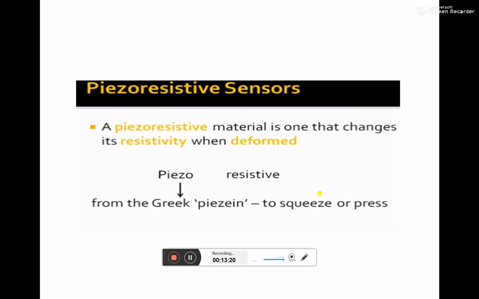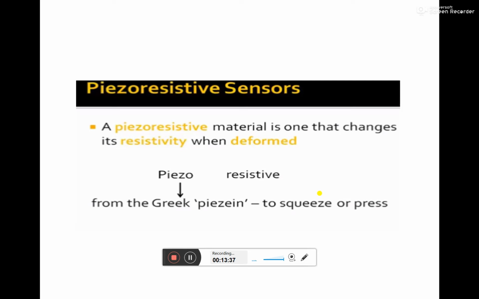The other sensitive material is the piezoresistive sensor. A piezoresistive material is one that changes its resistivity when deformed.